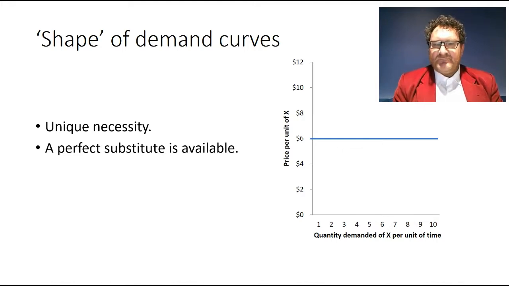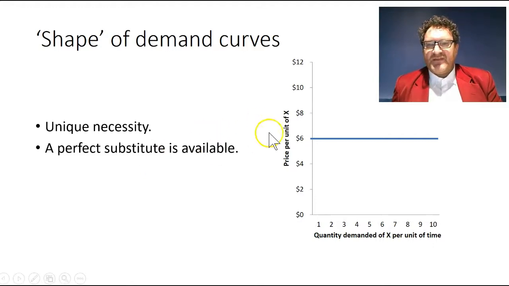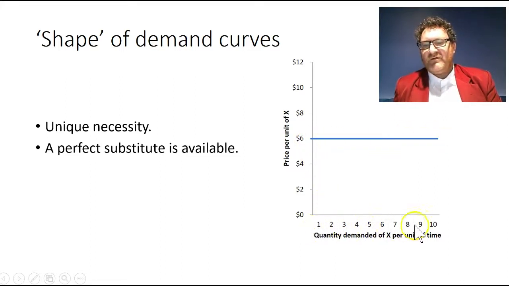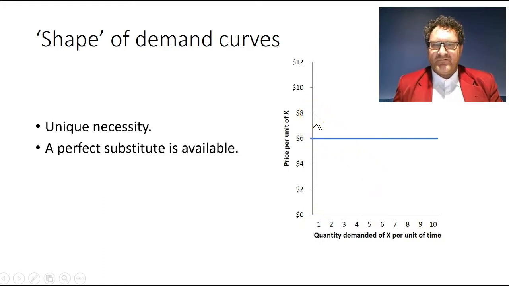But if the price were to rise above $6, consumers would switch completely to the alternative, the perfect substitute alternative, which does exactly the same thing as the product in question. So in that case, we would have a demand curve which is horizontal. You can sell any quantity will be demanded at $6, but at $8 nothing will be demanded. Consumers will switch to the perfect substitute.